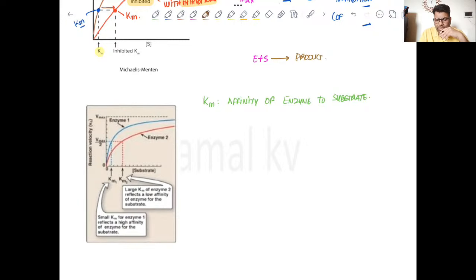This is the enzymatic reaction. So if the Km is less, it means the affinity is more. So this is an inverse relationship, right? Less Km, more affinity.